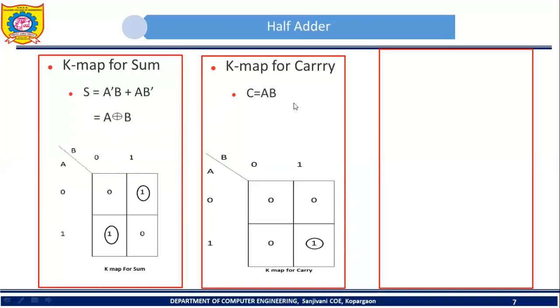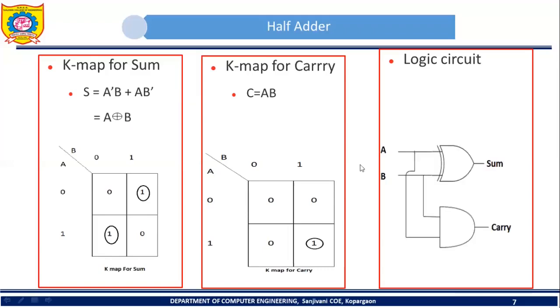Once we get the expressions, the next step is to draw the logic diagram. In order to implement sum and carry, how many gates will be required? We will require 2 gates. One gate will be an XOR gate and the other gate will be an AND gate. So see the circuit diagram for the half adder. It will be like this.